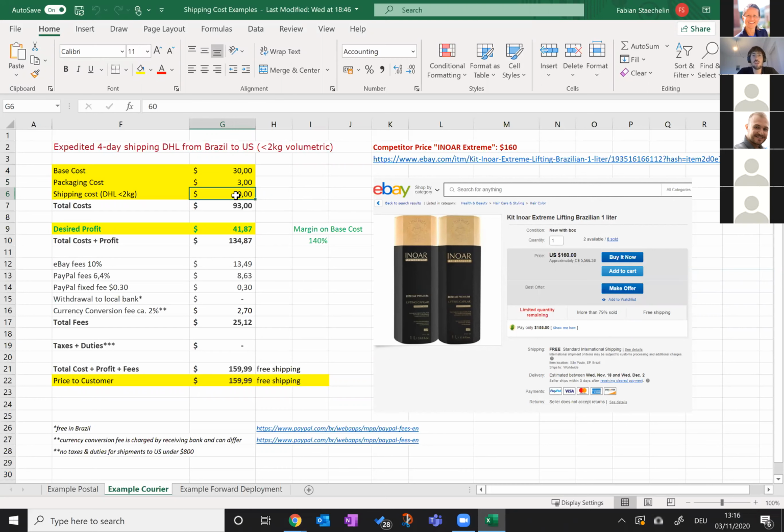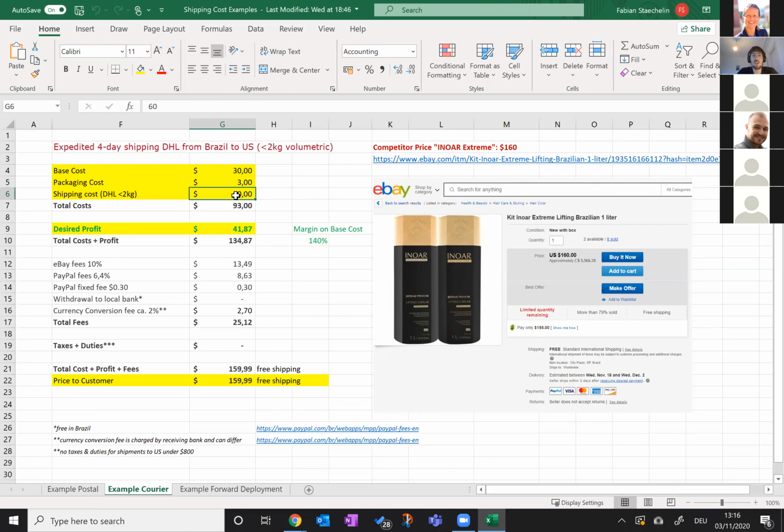This is the pricing that DHL gave us in the program that we ran in Central America. So we are able to ship for $27 into the US market, and that's a 3 to 4 day delivery. So it's a pretty good price.